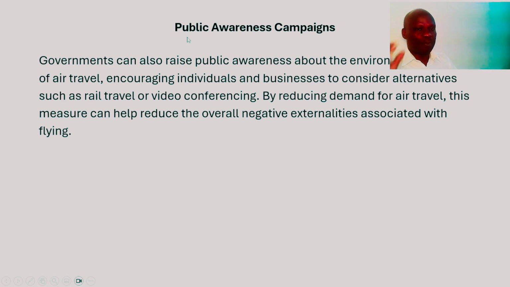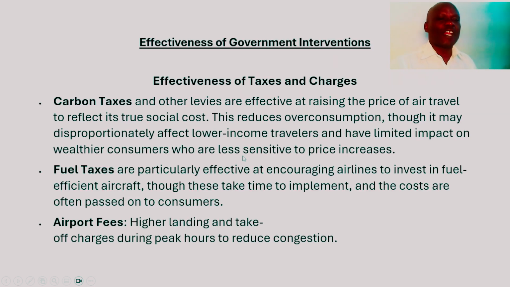Another way would be public awareness campaigns. Governments can also raise public awareness about the environmental impact of air travel, encouraging individuals and businesses to consider alternatives such as rail travel or video conferencing. By reducing demand for air travel, this measure can help reduce the overall negative externalities associated with flying.